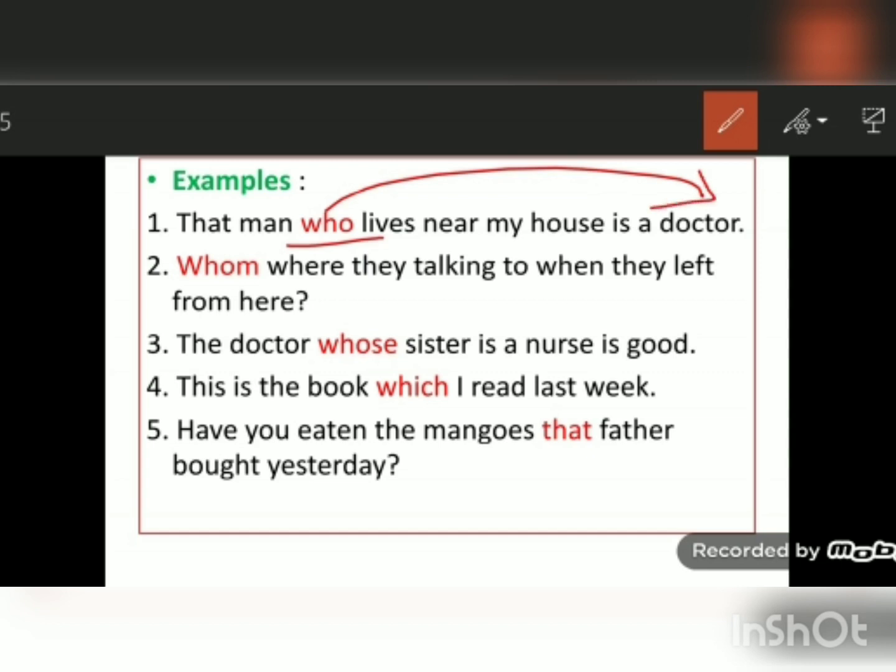That man who lives near my house is a doctor. So it relates to the noun doctor.